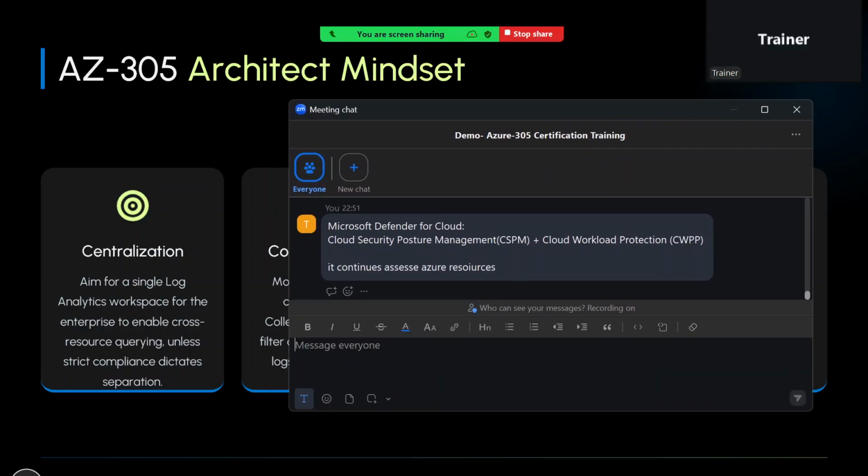Let me write here the Azure governance hierarchy.